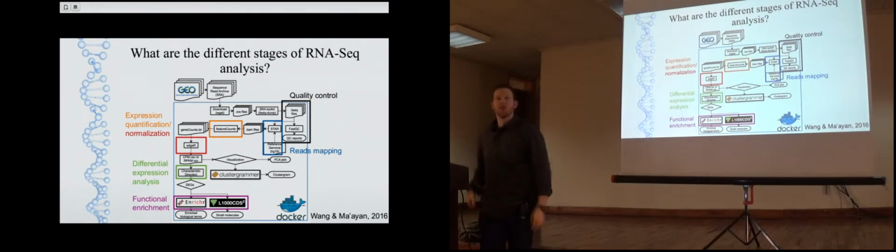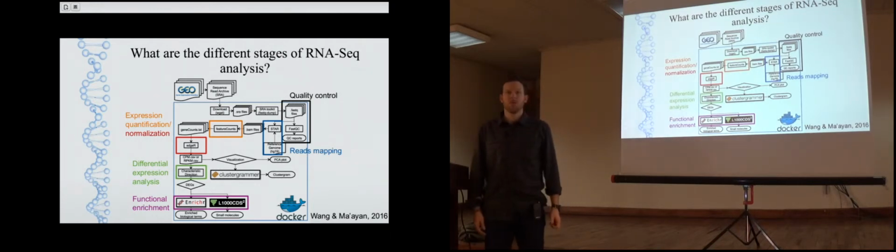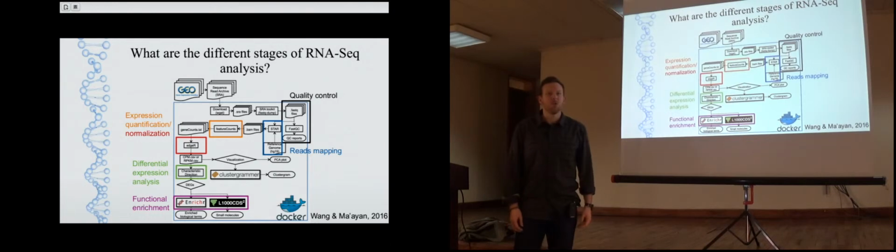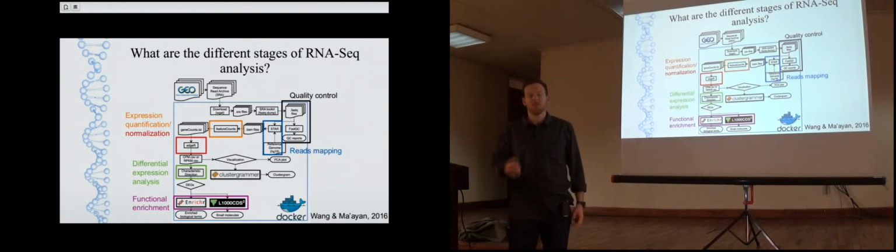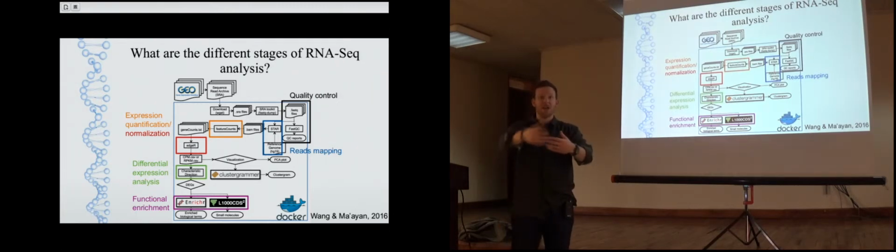Yes, Ernest. So the reads mapping, why is that important? Why can't you just apply it directly to a model? Why do you need the reads mapping? Yeah, you need to have a rough idea of what genes the reads are actually aligning to, so that you know the reads as measures of the transcripts correspond to that gene.